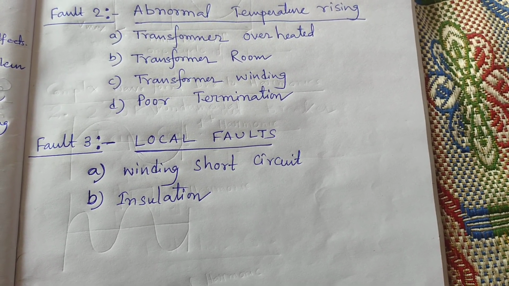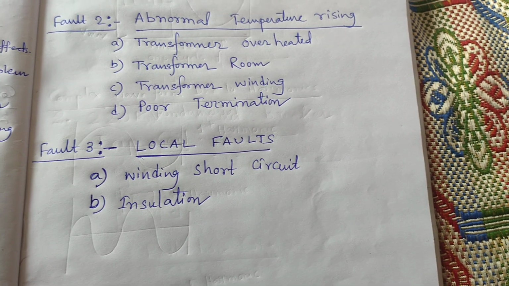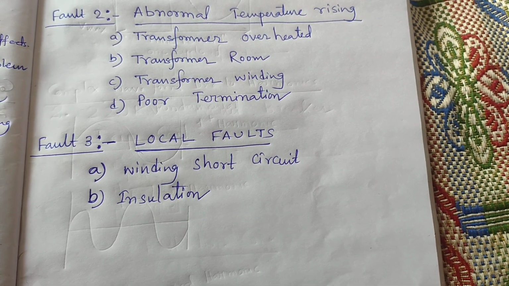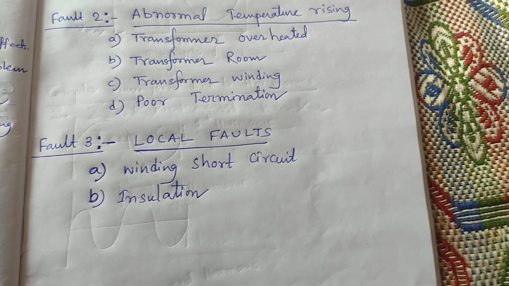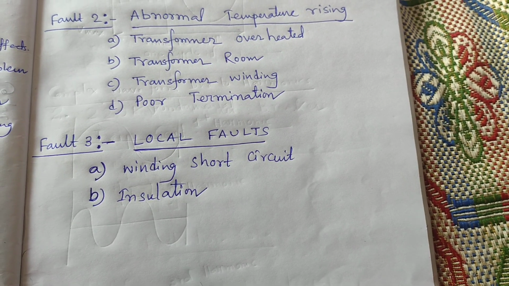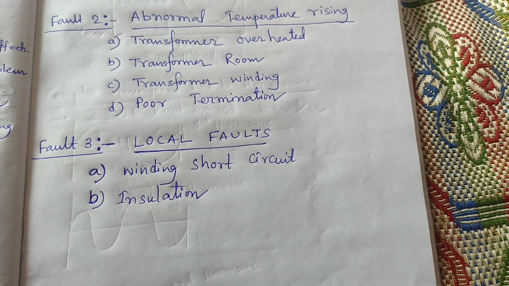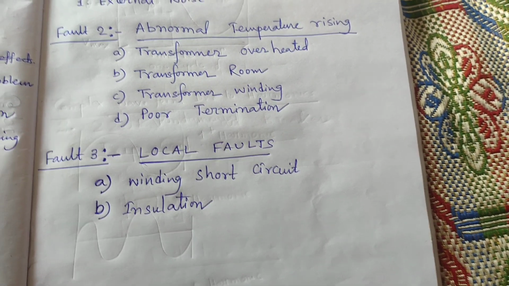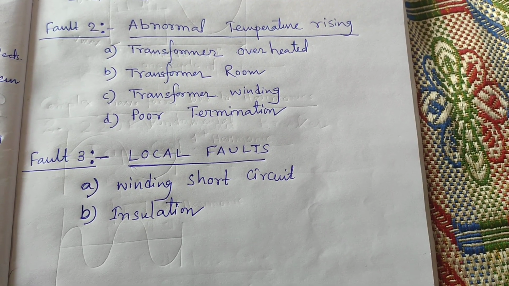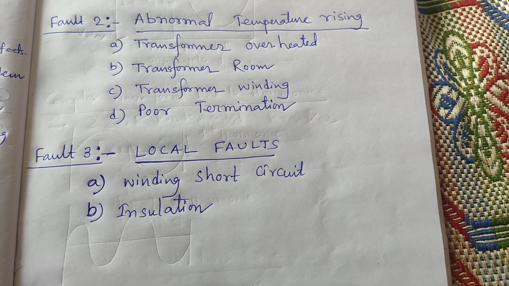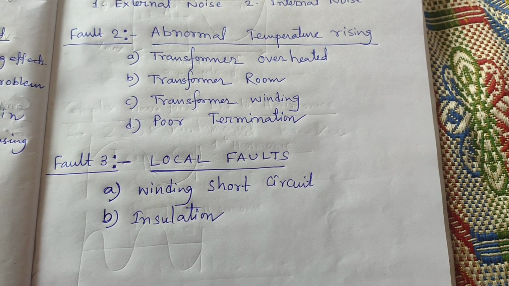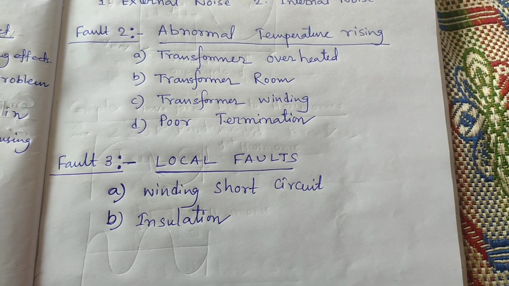So we should check the Buchholz relay looking glass, and also open the valve on both sides of the Buchholz relay to check if some air is releasing from there, or the oil is releasing from there. If the oil is releasing from the Buchholz relay valve, then we can be sure that no gas has formed inside the transformer, so the condition of the transformer is good.